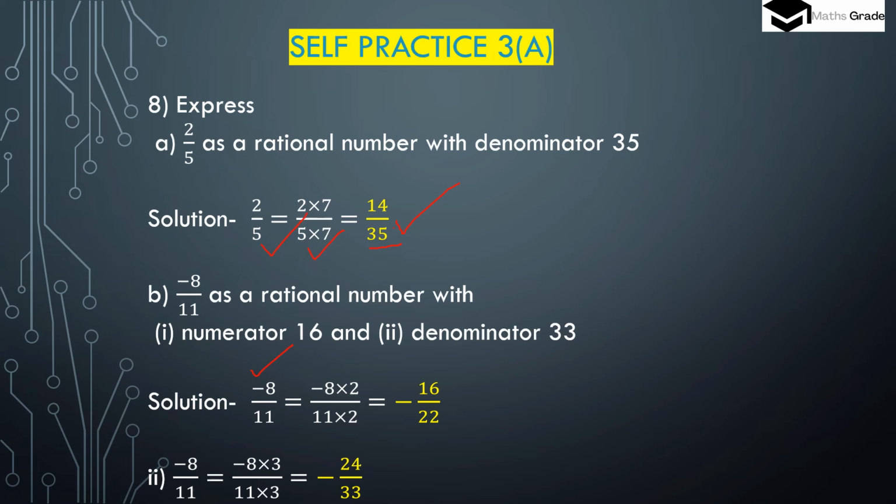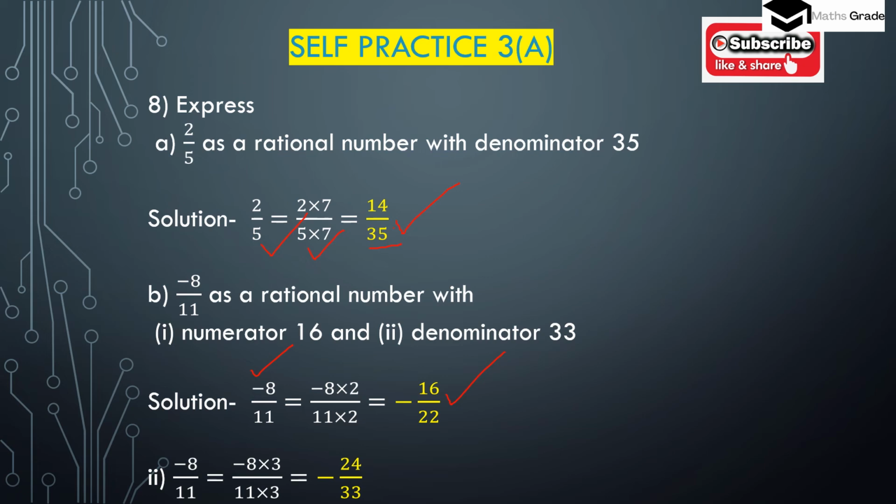Minus 8 multiplied with minus 2, we get 16. So multiply the number minus 2 with numerator minus 8, we get minus 8 multiplied with minus 2 is 16, and multiply the denominator 11 with minus 2 also. 11 multiplied with minus 2, we get minus 22.